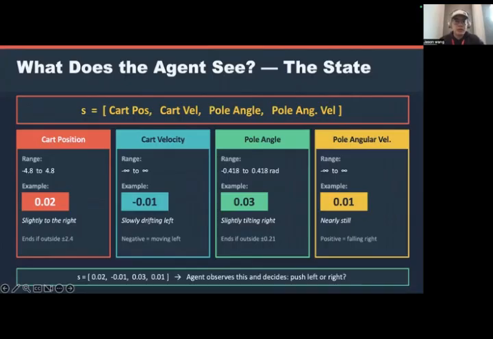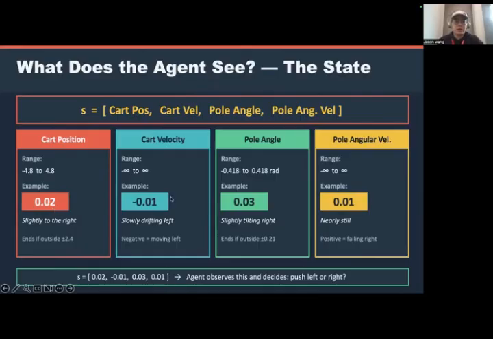So how does the AI agent know what is happening in the environment? It relies on the state we call S. In each step, the environment gives the agent four numbers, which we just talked about. The first one is the cart position, which tells where the cart currently is, and it has a range. An example is 0.02, which means the cart is slightly to the right.